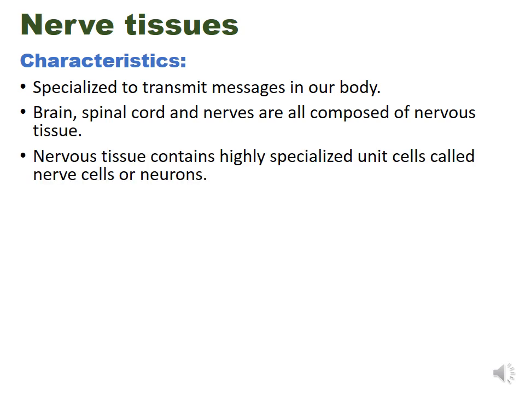Nerve tissue contains highly specialized unit cells called nerve cells or neurons. And do you know how many neurons there are in a human brain? Yes, this number: 86 billion. That means 9 zeros after 86.